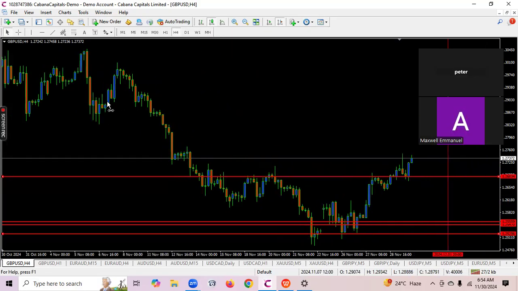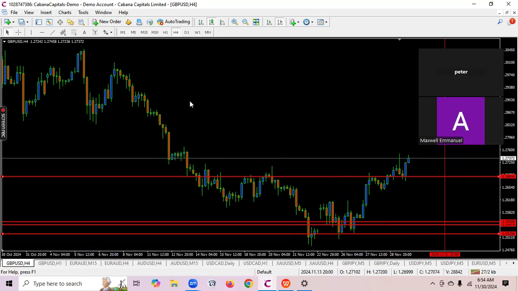If you are viewing the 4-hour time frame, every 4 hours a candle will close and a new one will open. So in a day, you would have 6 candles on the 4-hour time frame. 6 candles on the 4-hour time frame make up one candle on the daily time frame. I hope you get that.